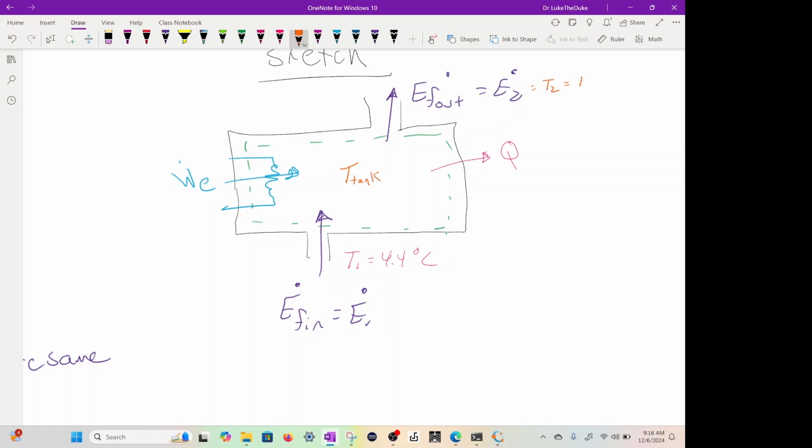I'm also going to assume that this is the temperature of the tank. So the temperature of the tank starts at 52. It's going to cool down because you have 4.4 degrees coming in. And therefore, we're going to reach at some time an unsafe condition of 40 degrees or below that. So we will get a graph that's like this: starts at 52 and drops.